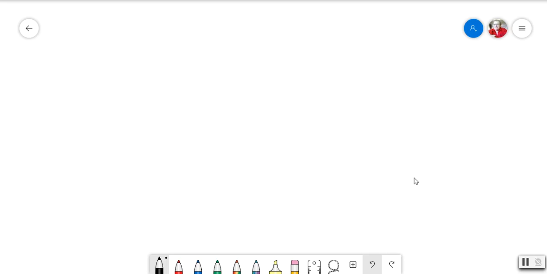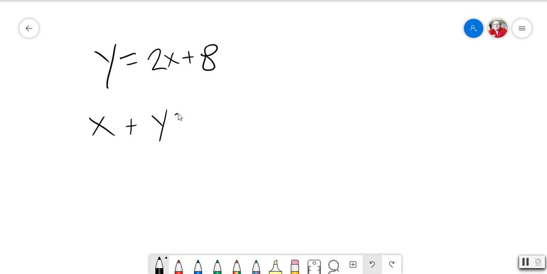Now, let's look at a slightly more difficult problem. Let's look at one where one of these starts off in the y equals mx plus b format, and the other starts off in the ax plus by equals c format. Well, in this case, you want to have both of them be in the ax plus by equals c format.